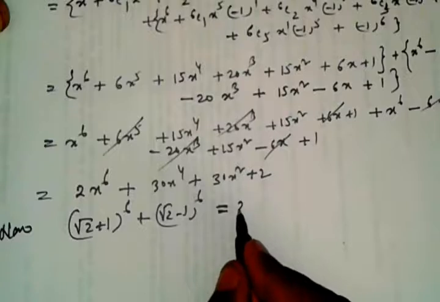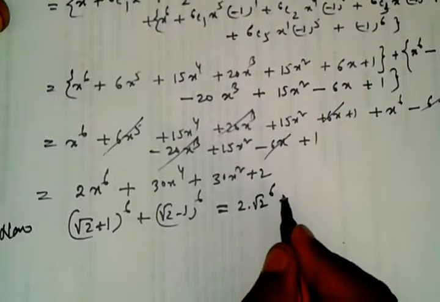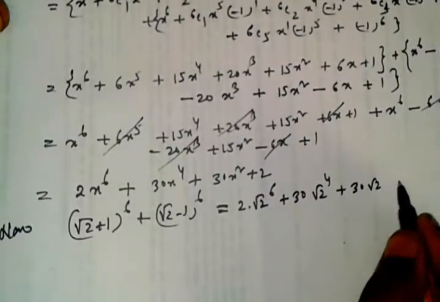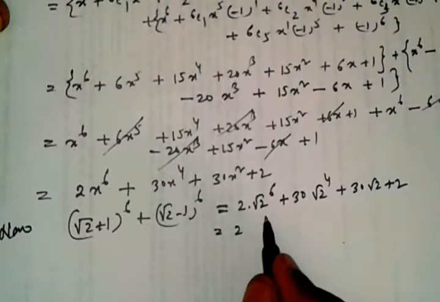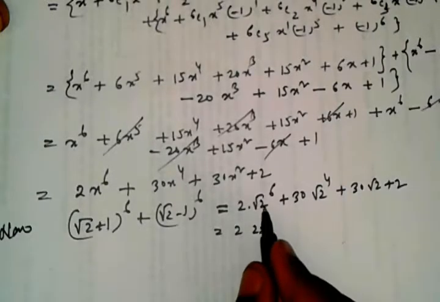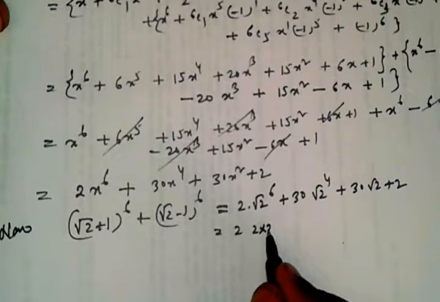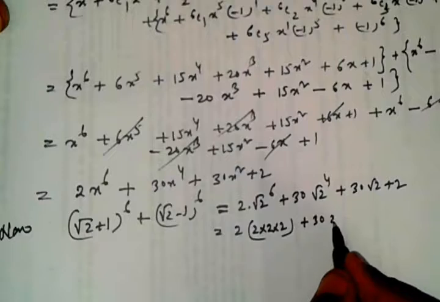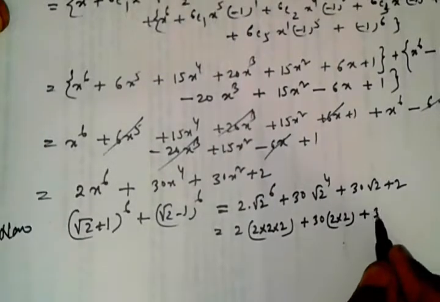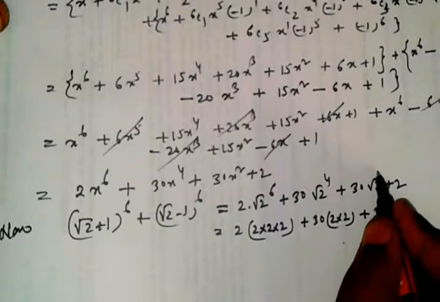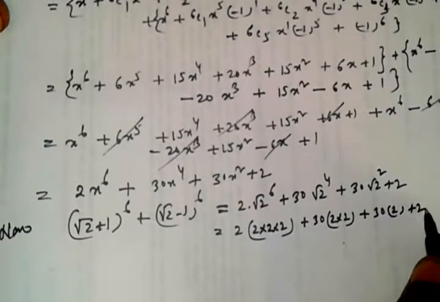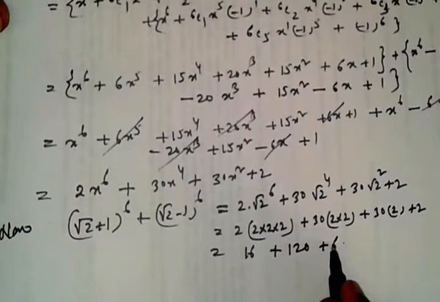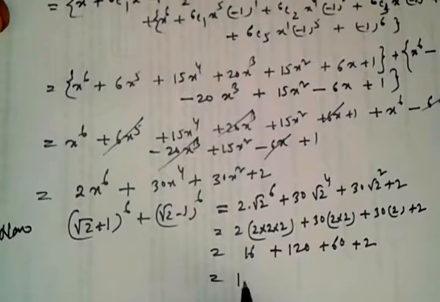Therefore we write 2 into root 2 to the power 6, 30 root 2, therefore 30 root 2 plus 2. Root 2 to the power 6 gives 2 cubed, root 2 to the power 4 gives 2 squared, and so on. This is 198.